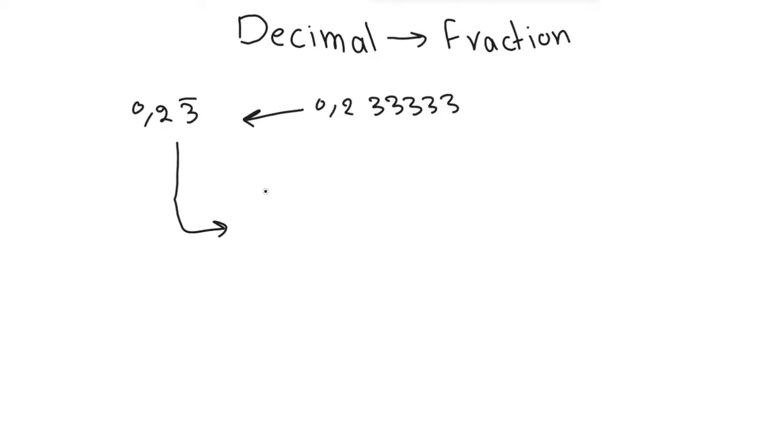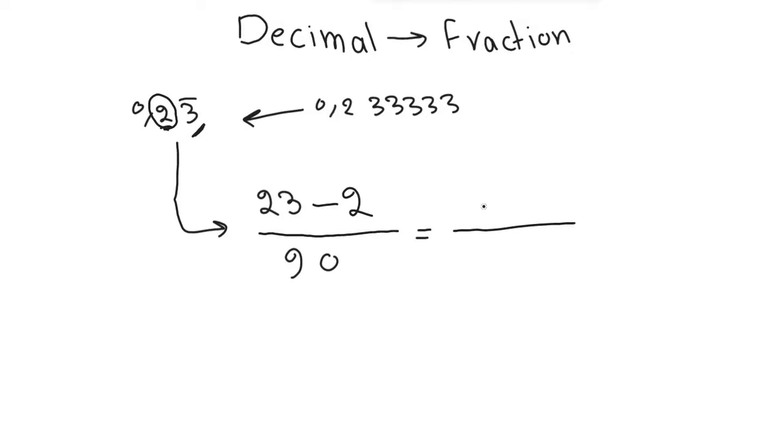Write both of them, write 23 minus the non-repeated number, this 2. Minus 2 over, instead of the repeated number, write 9. Instead of the non-repeated number, write 0. So it's equal to 23 minus 2, it's 21 over 90. This is the answer.